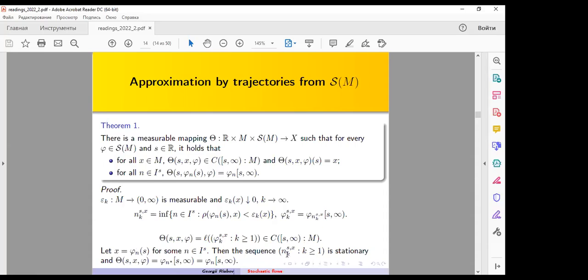It is not necessary that N(s,x,k) equals n. It may be equal to some n star, which is less than n, but phi n star and phi n are equal at time s. So actually, we have the needed property. The measurable mapping theta takes a skeleton and constructs a family of trajectories that started from all points, and the trajectories of the skeleton are preserved.